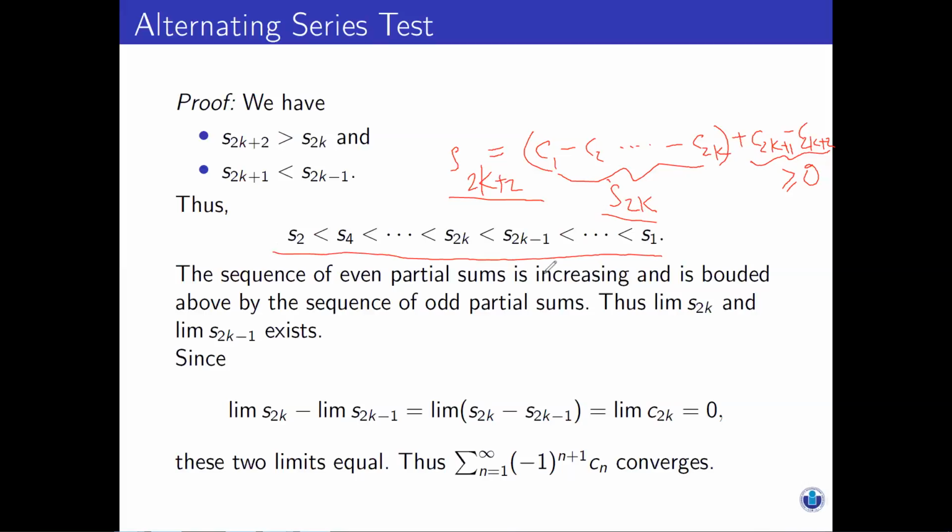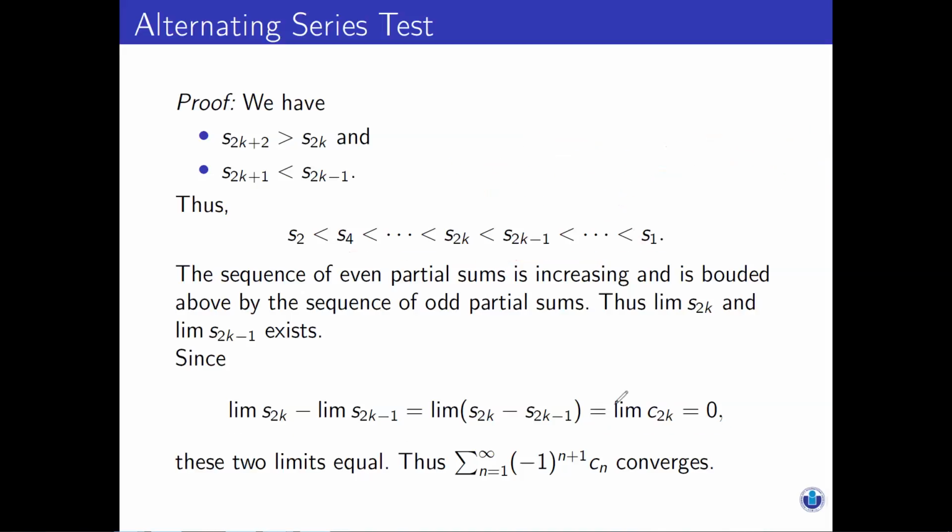And if you look at this difference here, the difference of these two limits is equal to the limit of C2k, which is 0. So the whole sequence of partial sums converges. This is very similar to the problem that we did earlier. You establish the convergence of each subsequence, then show that their limits are the same, and so the full sequence converges. Okay.